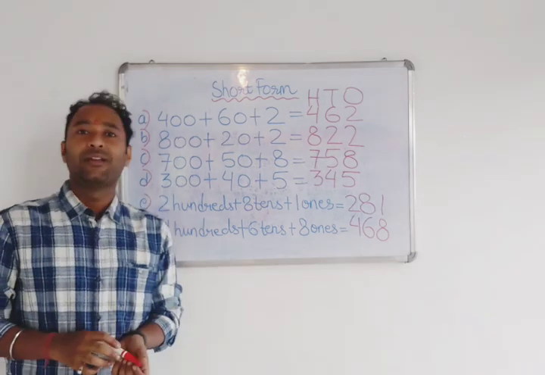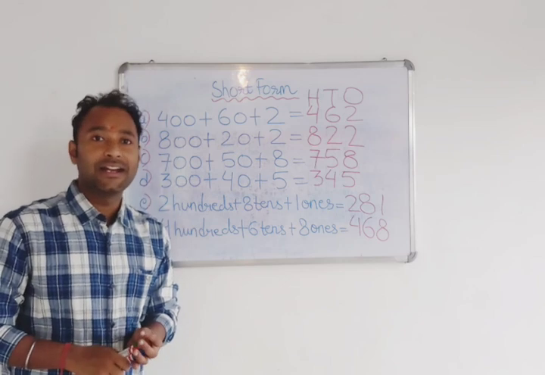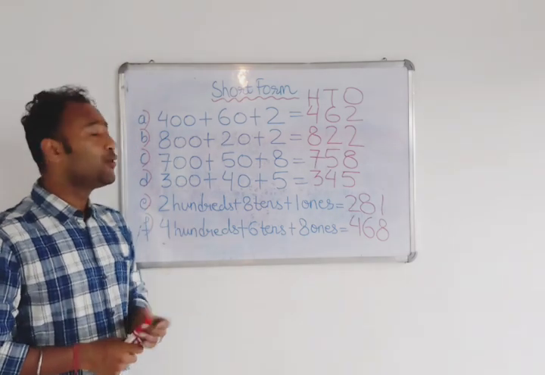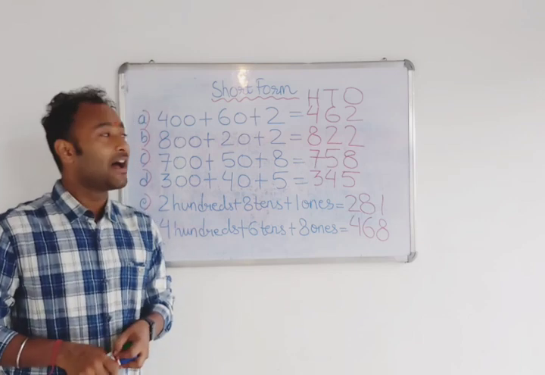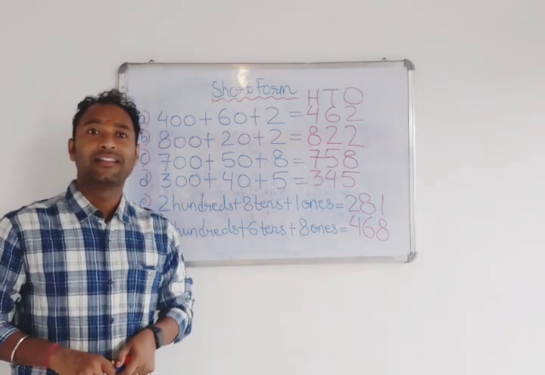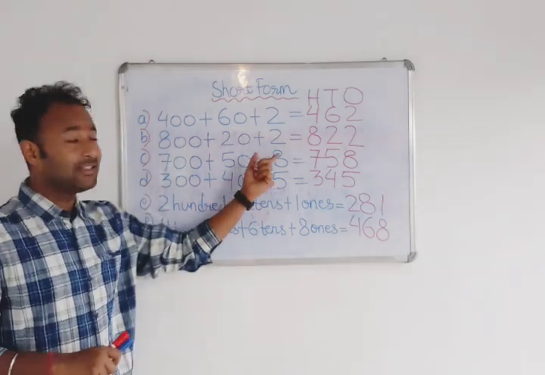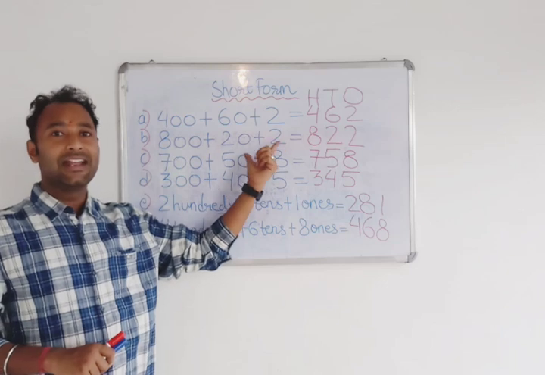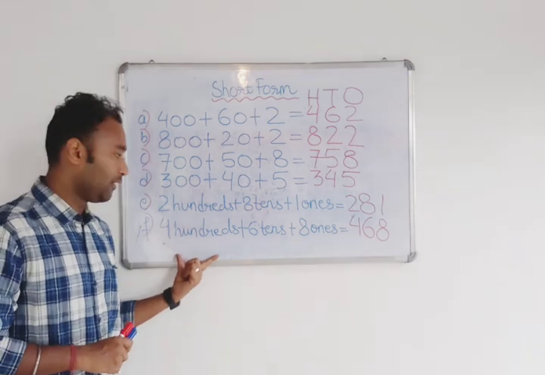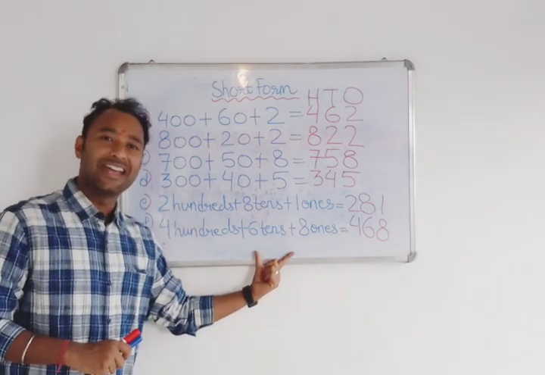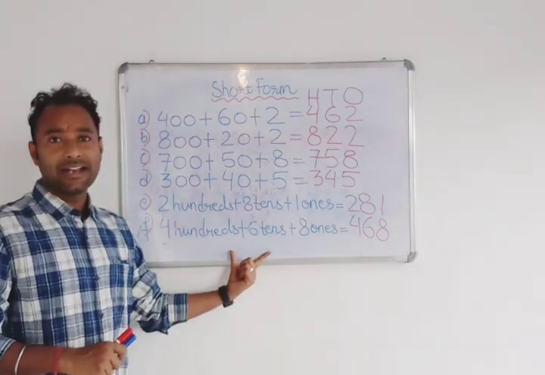So in this way we can conclude that now we know how to write the expanded form of a number and how to write the short form of a number. Is it clear, students, to you? Again I am repeating the definition that addition of the place values of the digits is called expanded form, or you can say how many hundreds, how many tens, and how many ones.